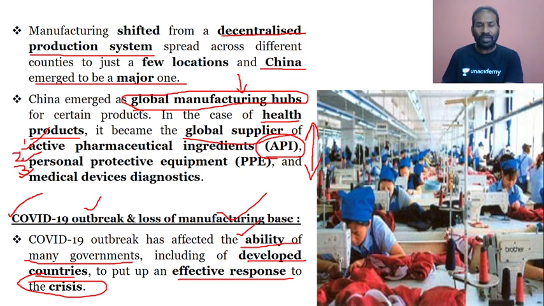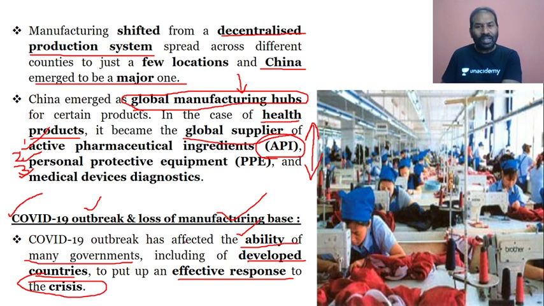So we will look at what has happened to the developed countries, wherein in the 1980s, because of economic liberalization, developed countries looked at the developing countries only for finished goods.